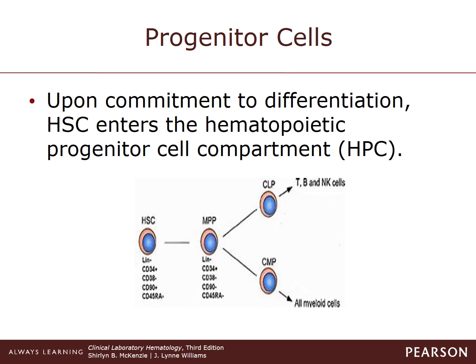And after additional divisions, the daughter cells progressively lose their ability to generate cells of multiple lineages and gradually become restricted in differentiation to a single cell lineage. The compartment also includes precursor cells developed and located between the stem cells and the morphologically recognizable precursor cells.